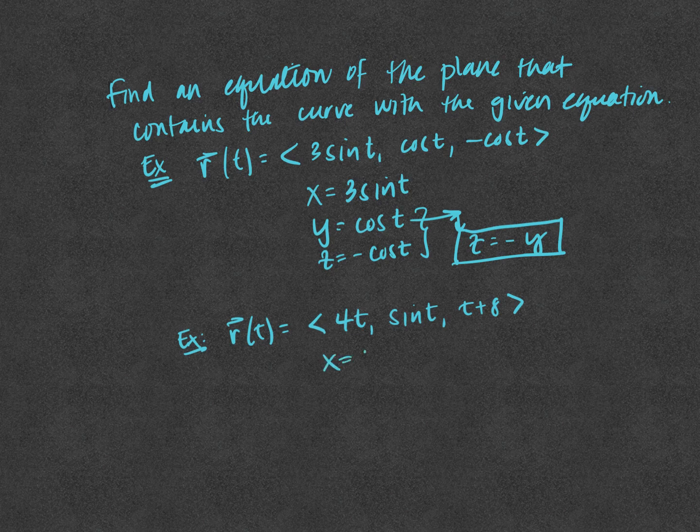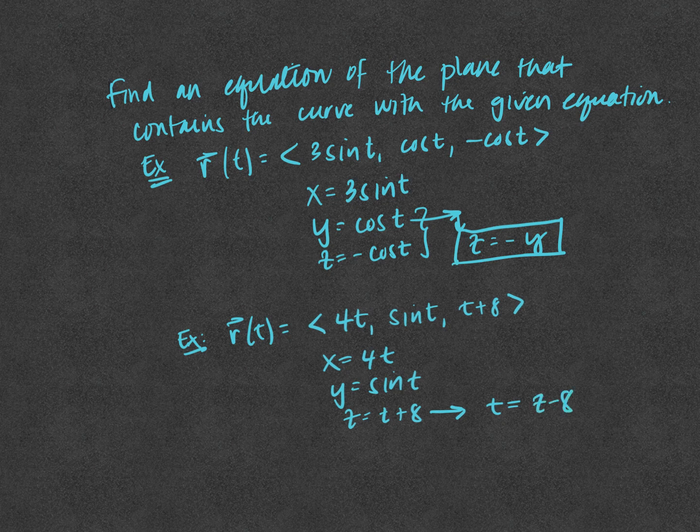So we could say x equals 4t, y equals sine of t, and z equals t plus 8. Now x equals 4t is really good for us here, but I don't want to play with fractions. I'm going to leave the sine alone. I have to tie two of them together to get a plane. So we're going to say t equals z minus 8.